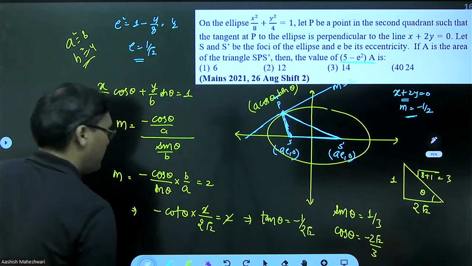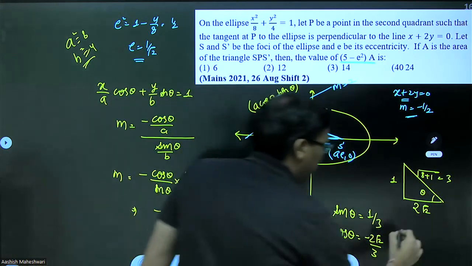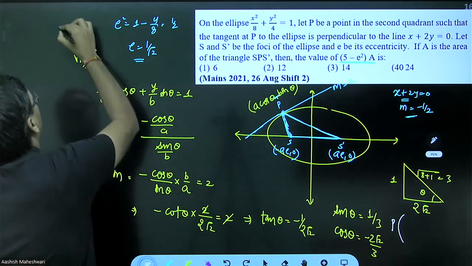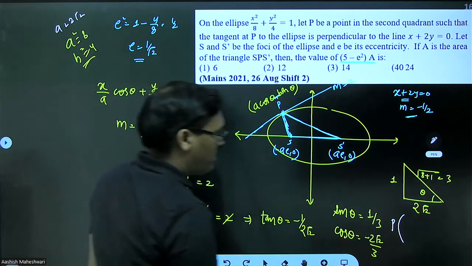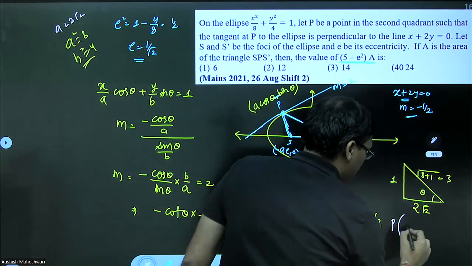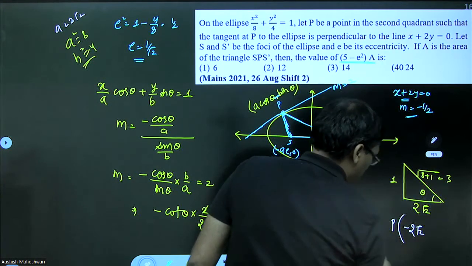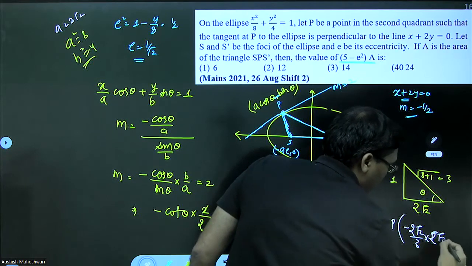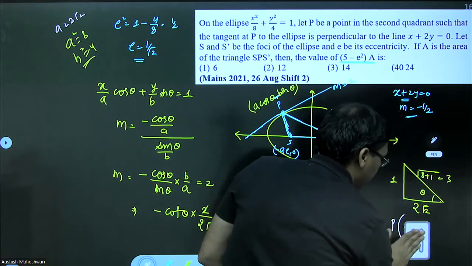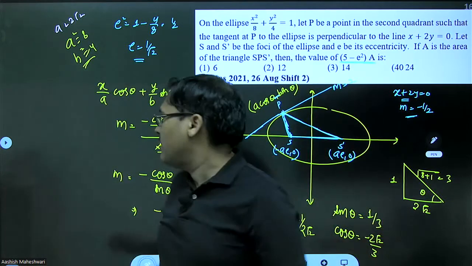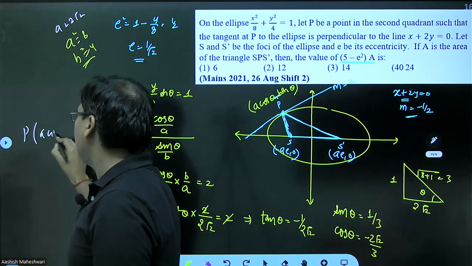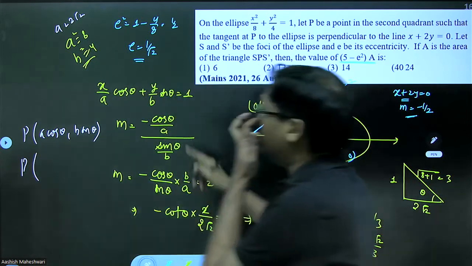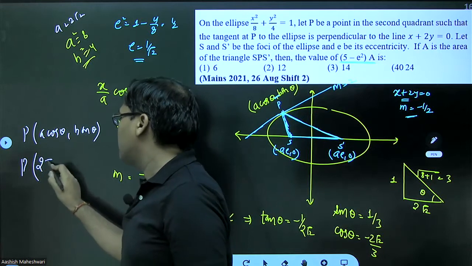So I'll just write the coordinates of point P. Point P is A cos theta, B sin theta. What is A? A is 2 root 2.